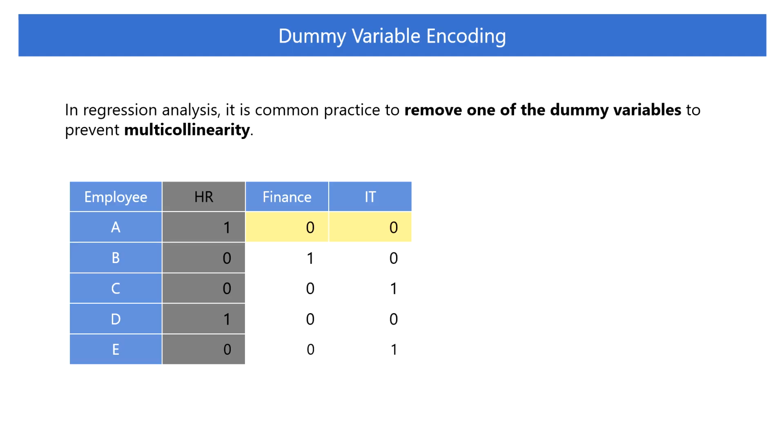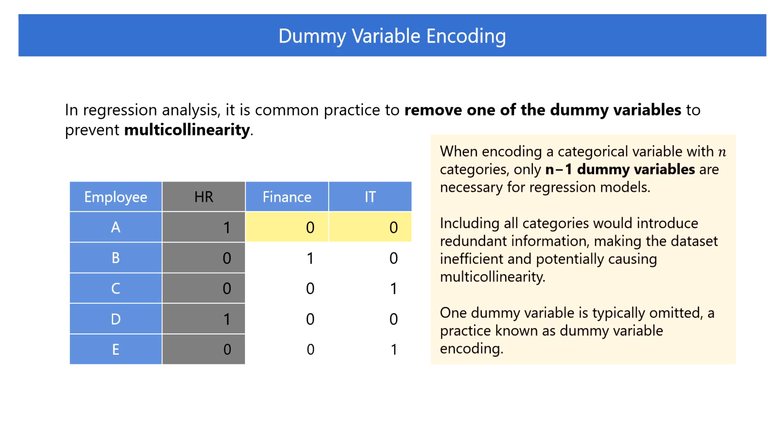The HR category, which lacks a dedicated column, is instead represented by a row where all remaining columns contain 0.